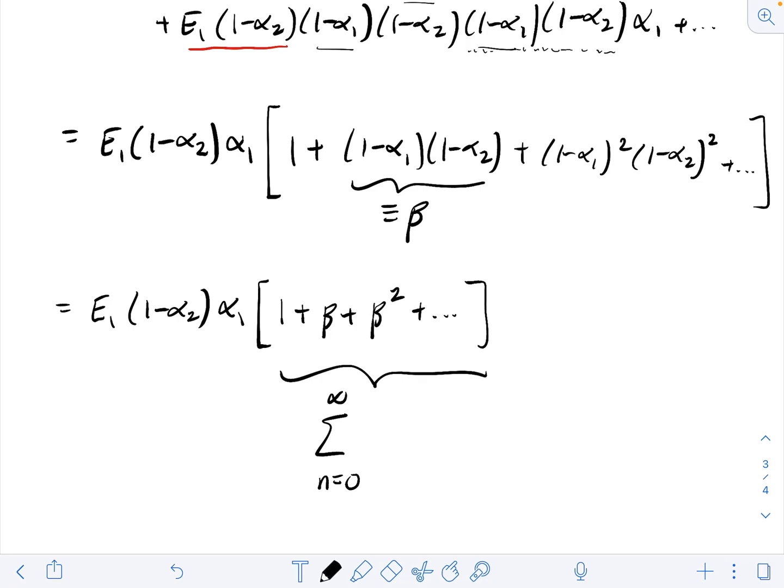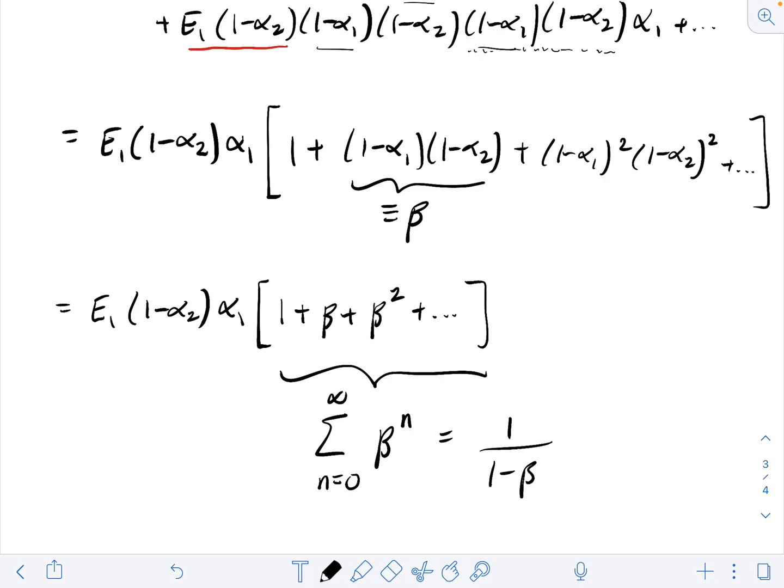This is equivalently written as the sum from n equals 0 to infinity of beta to the n, which is a geometric series, and that geometric series has the following solution provided that beta is between 0 and 1.